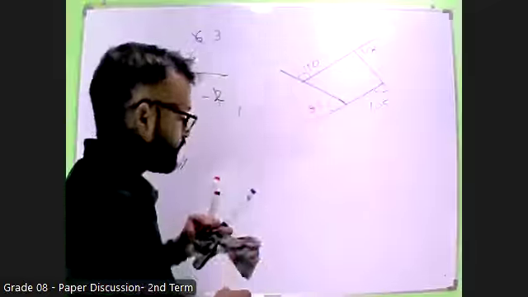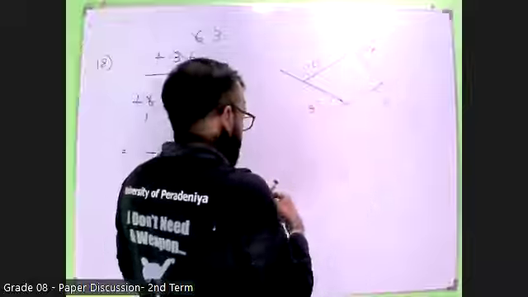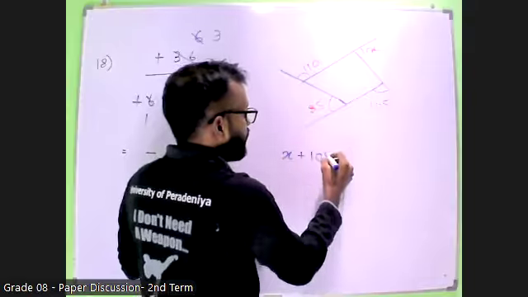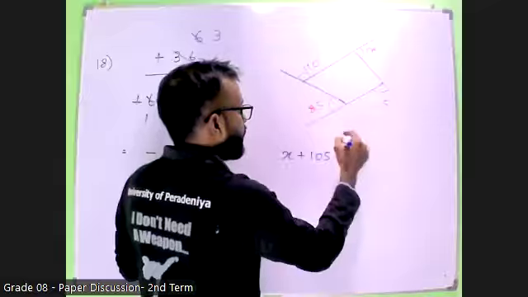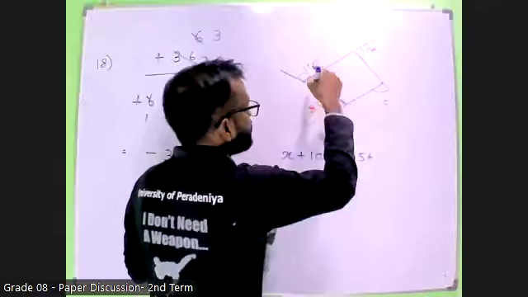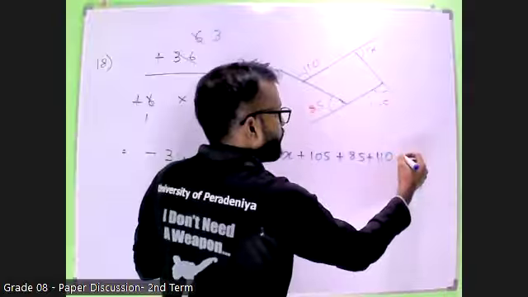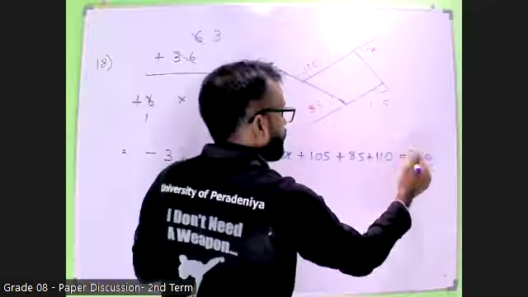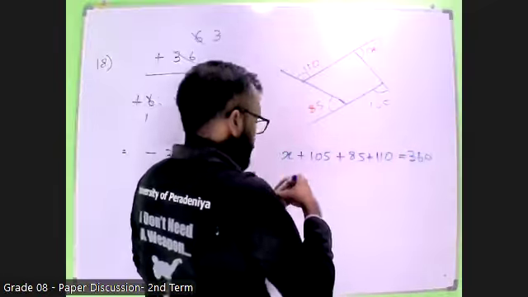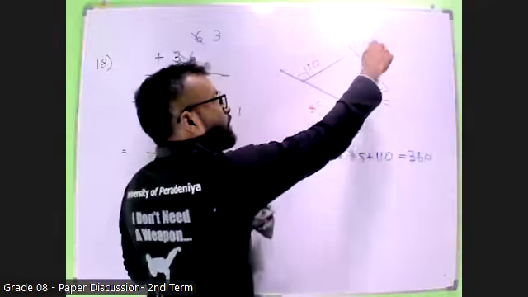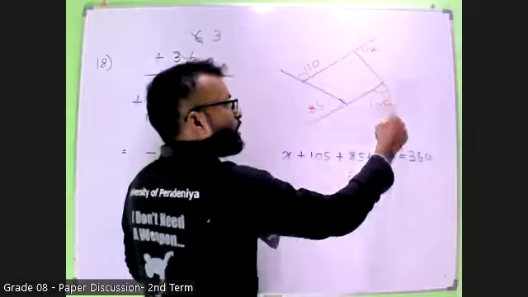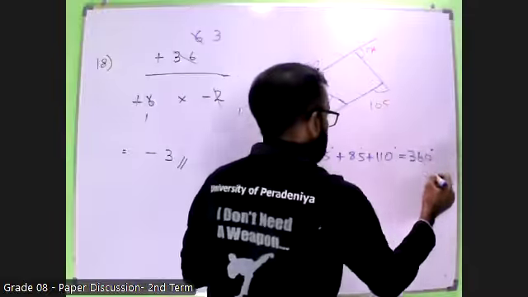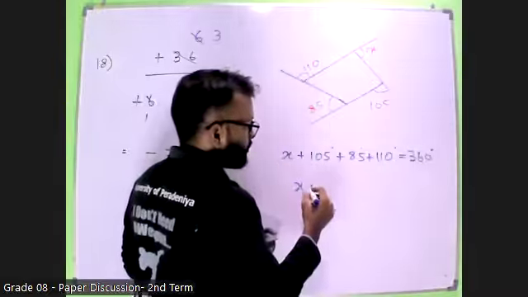So I can write x plus 105 plus 85 plus 110 equals 360. So summation of the exterior angles of a quadrilateral equals to 360 degrees, right? This is degrees, right?